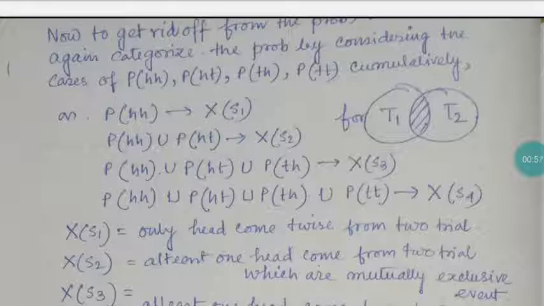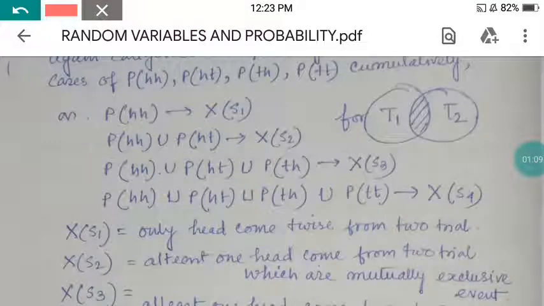Now they are cumulative, so we can write that P of HH equals X of S1. Here you can see that P of HH union P of HT is X of 2, P of HH, P of HT, P of TH is X of 3, and P of HH, P of HT, P of TH and P of TT is X4.